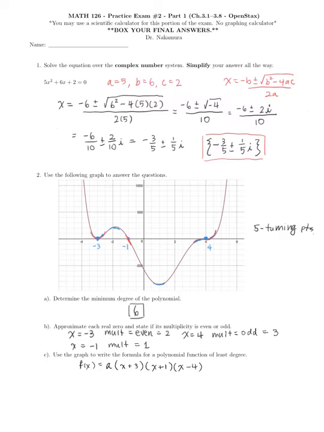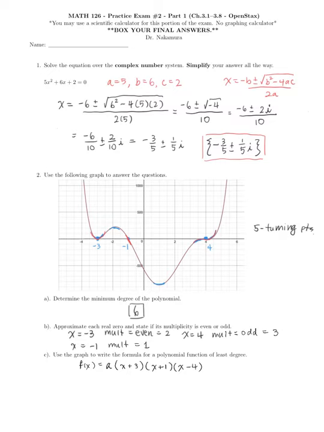Notice that if I set x plus 3 equal to 0, then x is going to be negative 3, which matches up with our answer. Similarly, for x plus 1, setting x plus 1 equal to 0, then your 0 is going to be negative 1. X minus 4 equaling 0, then your 0 will be 4.